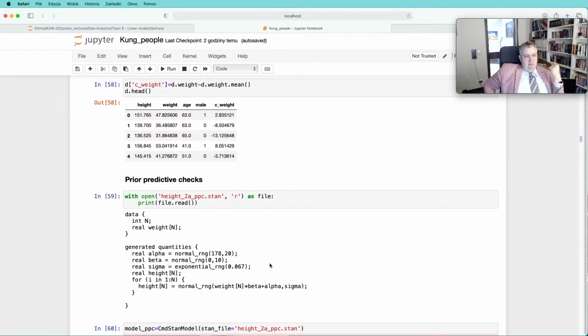So we want to do again a prior predictive check. Prior predictive checks are generally something that we should do always or almost always. I'm skipping it sometimes, but rarely, because this is the easiest way to check if our initial assumptions make any kind of sense.